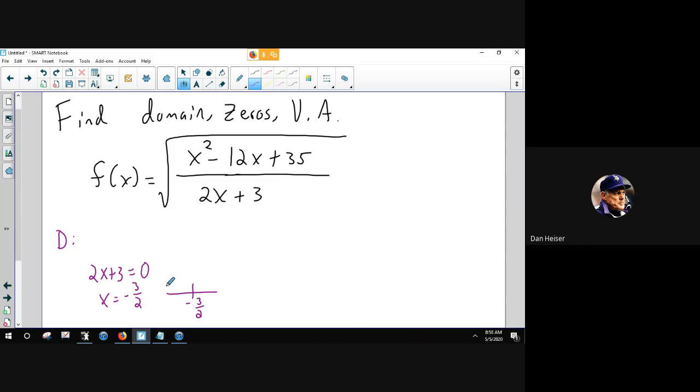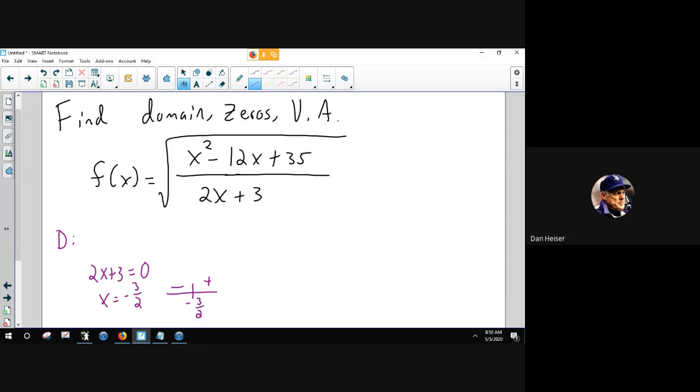So I need a number over here to the left of negative 3/2. Like maybe negative 2. 2 times negative 2 is negative 4. Negative 4 added to 3 is negative. All those values to the left are negative. Choose a number to the right. Let's say 0. Plug in 0, we get a positive.